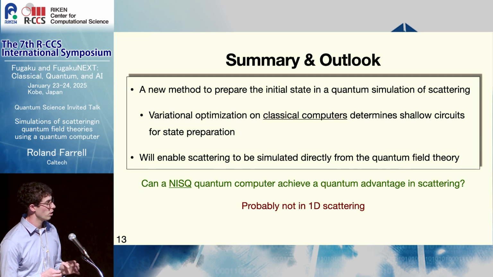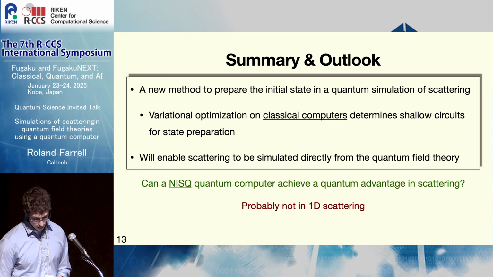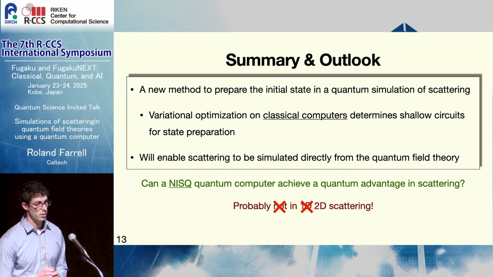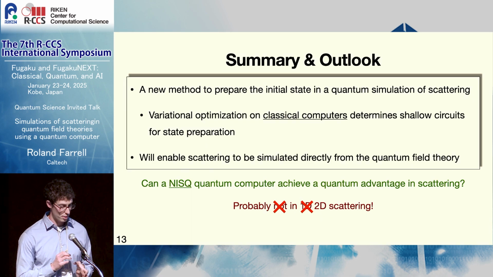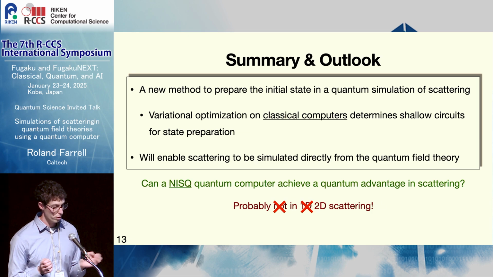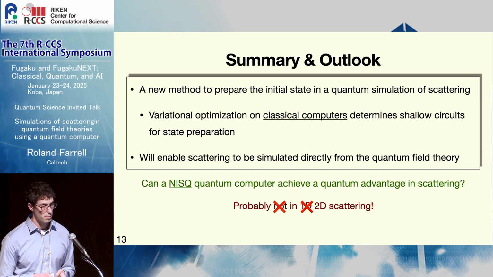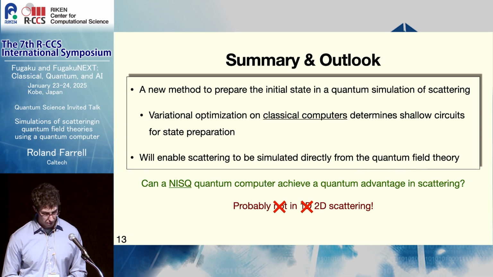So in 1D scattering, we won't be able to get a quantum advantage, but that will change completely once we go to 2D and higher dimensions, because there all of these classical computing techniques break down, but the method on the quantum computer remains essentially the same. The circuit depths are more or less the same, and so it seems we could very easily simulate scattering beyond one dimension that would be impossible with any classical computing method.